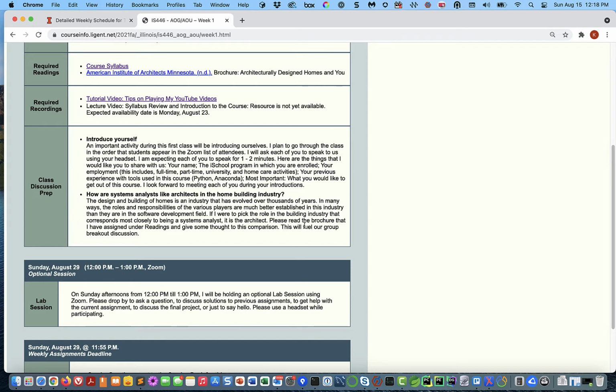Okay, I'm trying to get us a really broad understanding of what kind of role a systems analyst is going to take. And the metaphor that I'm using here is that it's kind of the role that an architect would take with a family who wanted to design and build a single family home. Okay.